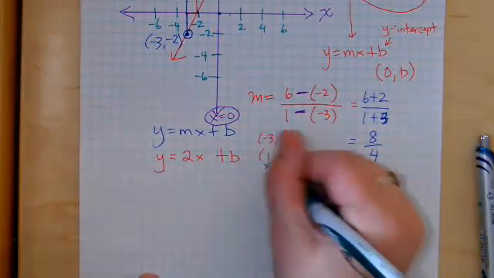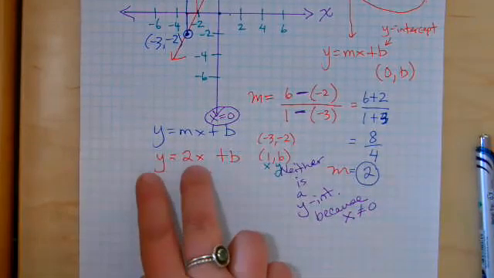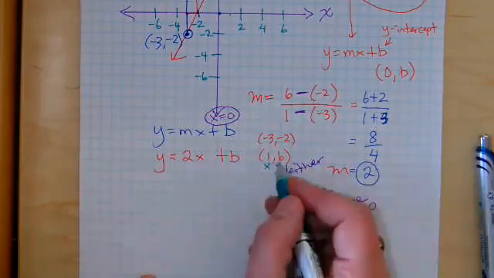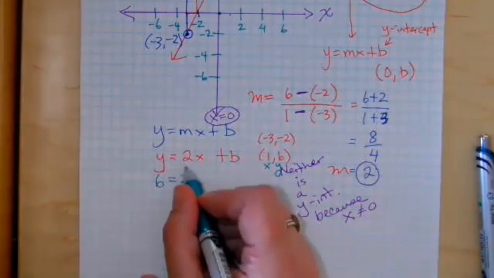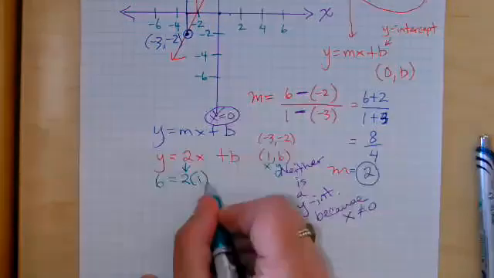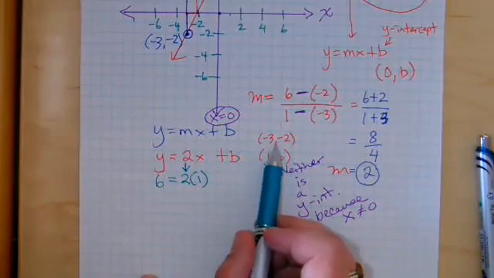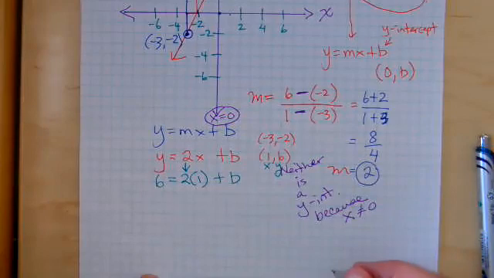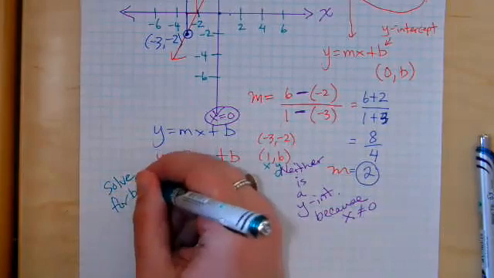So if I have an x and a y value, and I plug those x and y values in, I will only have one variable left, which is b. So if I plug in 6 for y, 2 is the slope, 1 is the x, and by the way, I could have also used -3 and -2. I could have used this point. Now I only have one variable to solve for, and I can solve for b.